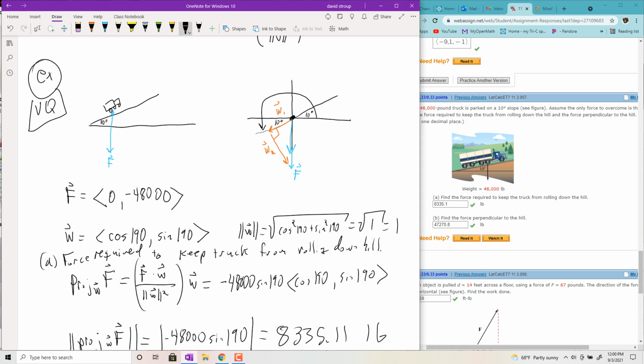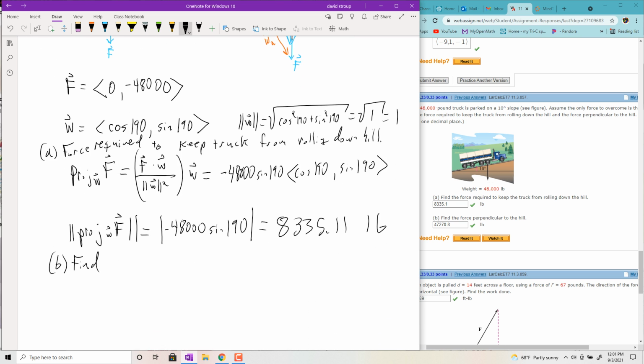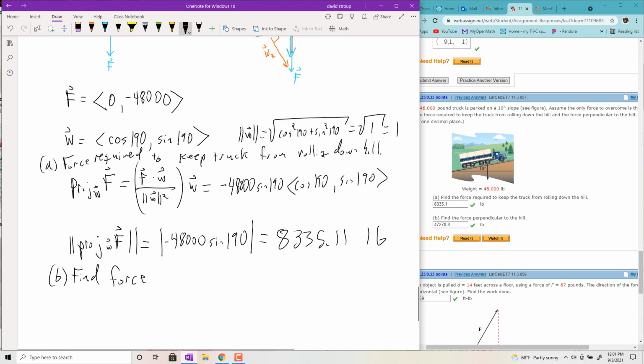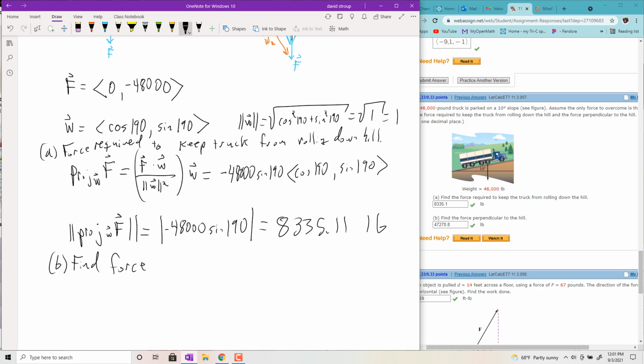Yeah. So usually turn in 4 video quiz questions at once. Okay, so part B here, we want to find the force perpendicular to the hill. Again, this is the video quiz question. Find force perpendicular to hill.